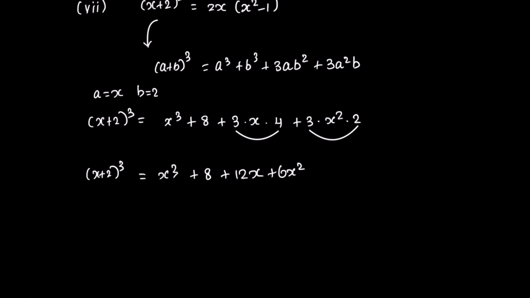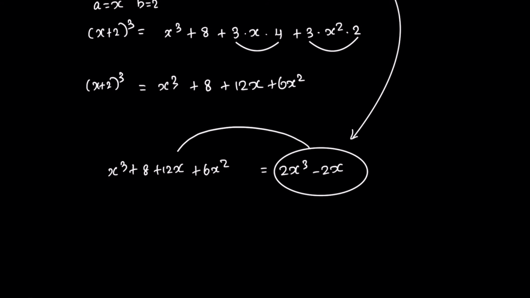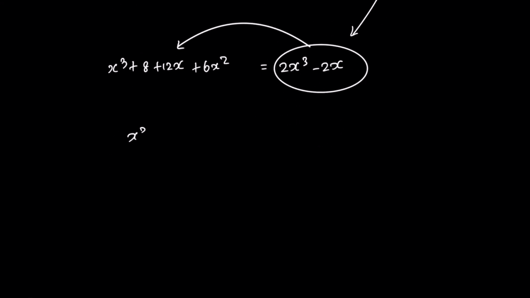So now substitute. This part is equal to 2x times x square, it is 2x power 3, then minus 2x. Now this term is moving to here. So x cube plus 8 plus 12x plus 6x square minus 2x cube plus 2x is equal to 0.